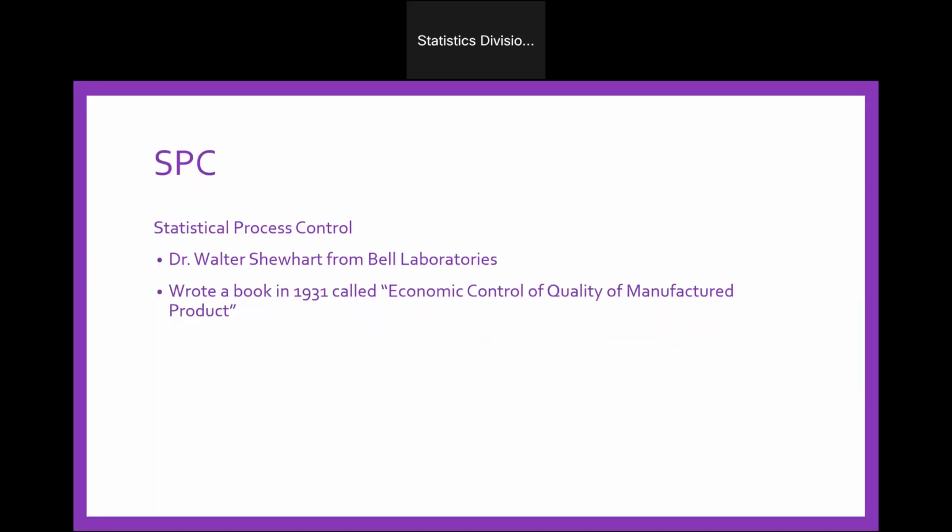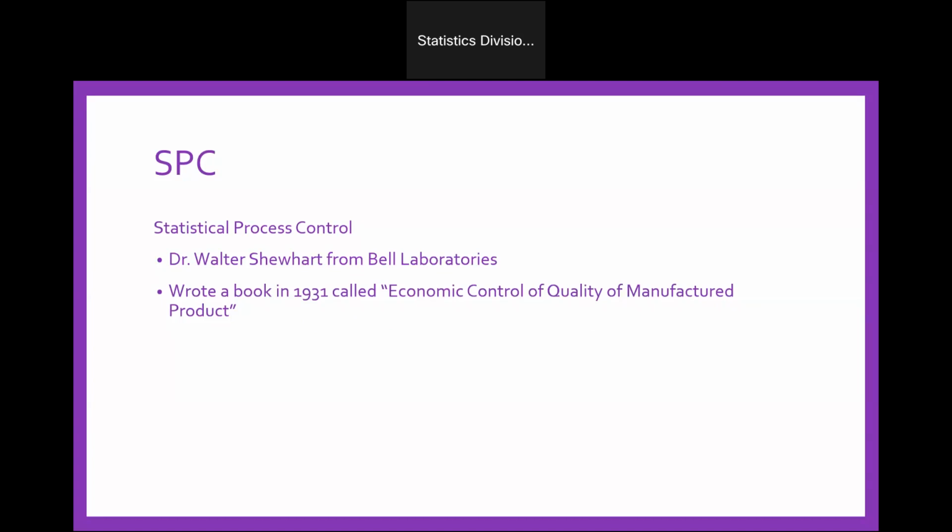So SPC has been around since the 1920s-ish, when Dr. Walter Schubert, who worked at Bell Laboratories, developed them. He was kind of the original guy. So sometimes you hear these called Schubert charts, and they're just the standard control charts. It's not a different chart.